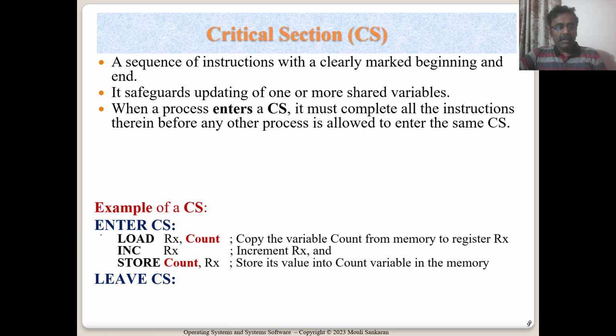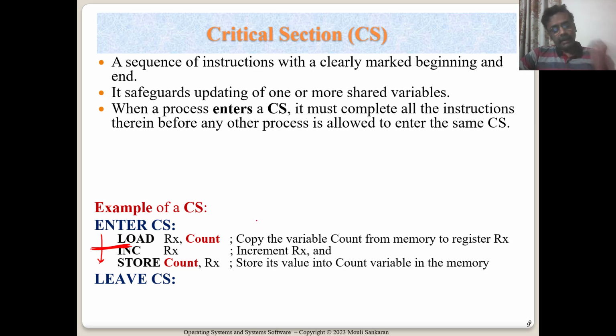So once it enters the critical section, I can't say that okay, I'll come here, I'll stop here, maybe somebody else is allowed to do it. It's like in a bank, when you are getting into a locker, only one customer is allowed to enter the locker room. Though the customer is going to operate only his own locker, hopefully.